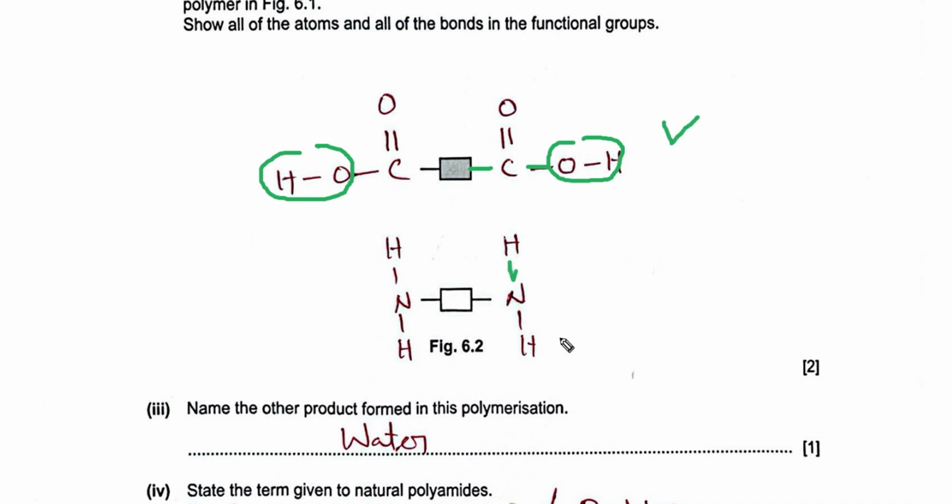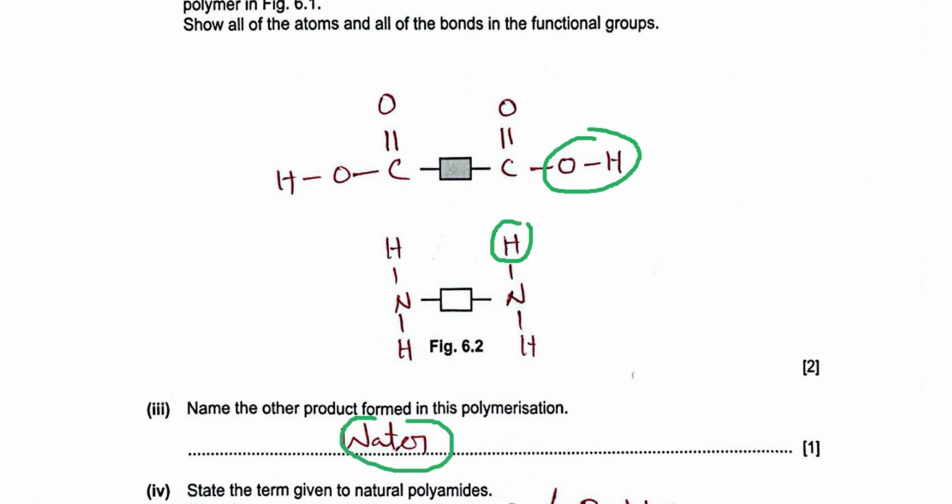This NH, one hydrogen will be added, this is the diamine. Number 3, name the other product formed in this polymerization. Carboxylic acid lost hydroxide ion and amine lost hydrogen ion, so water will be lost. The other product will be water.